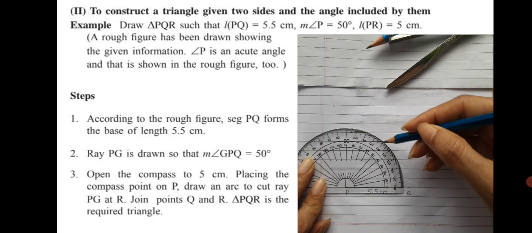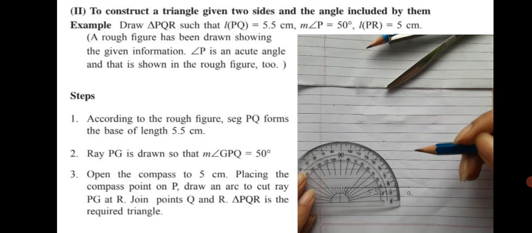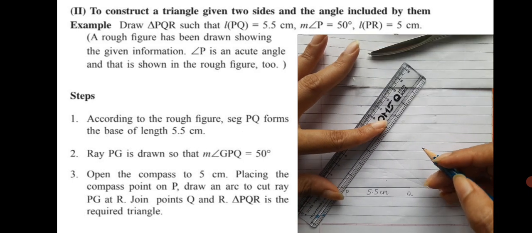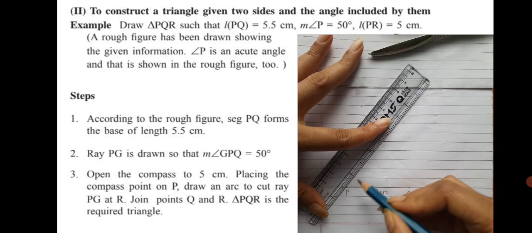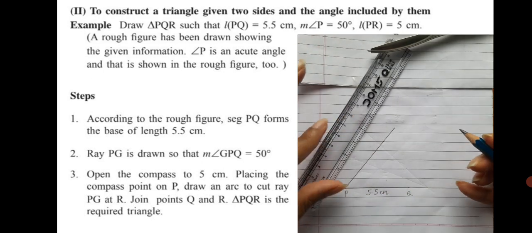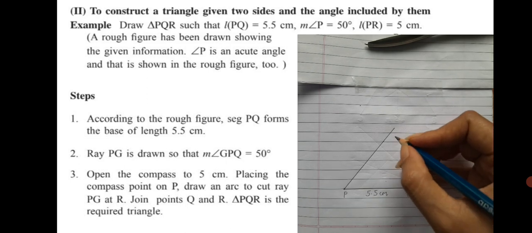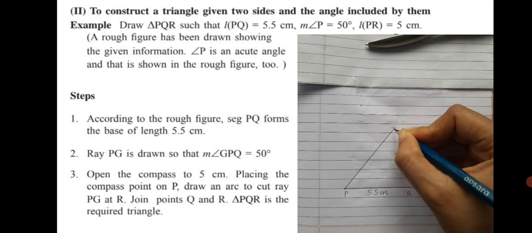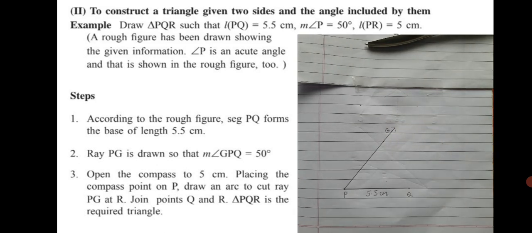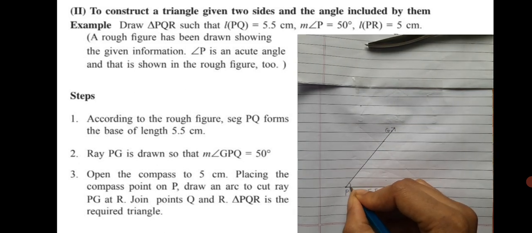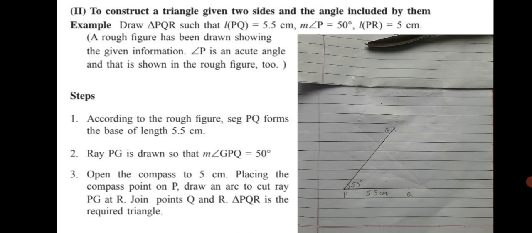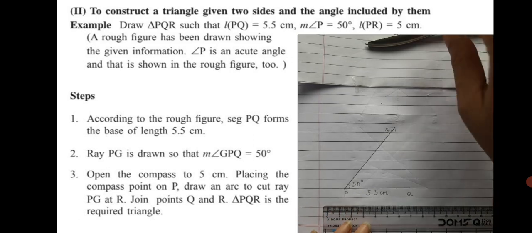So we will place the protractor in such a way that P is exactly at the center and we mark a point at 50 degree. This point we join to P and we get a ray which forms an angle of 50 degree with seg PQ. This ray we name as ray PG.